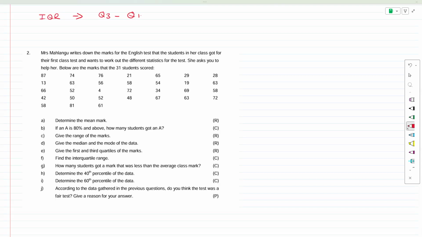So what we need to do first is put the numbers in order. Whenever you get questions like this in grade 10, put the numbers in order.